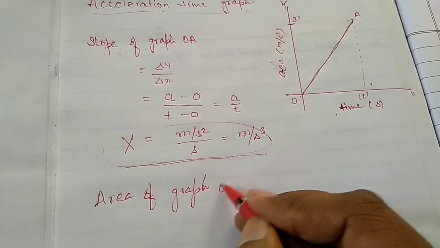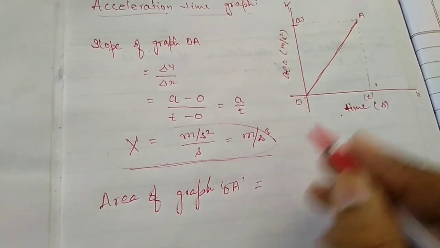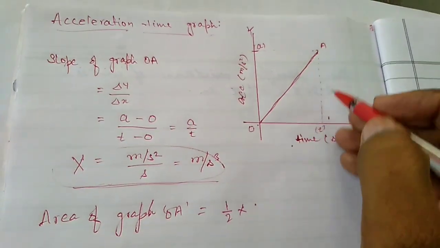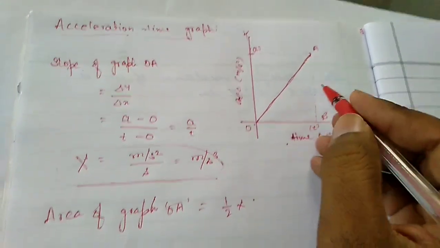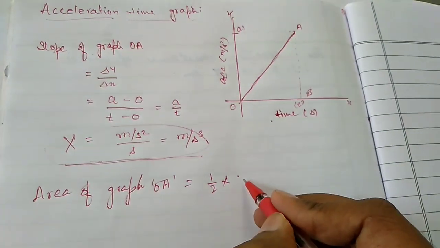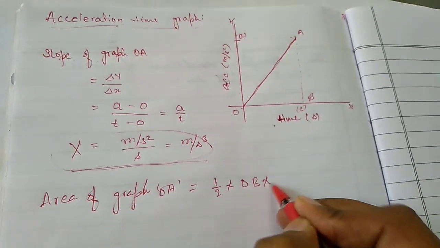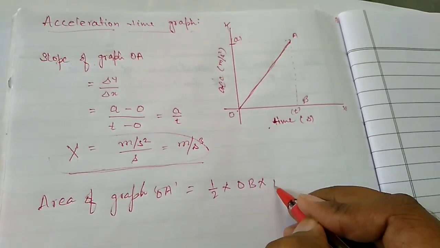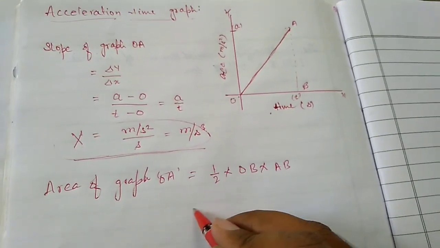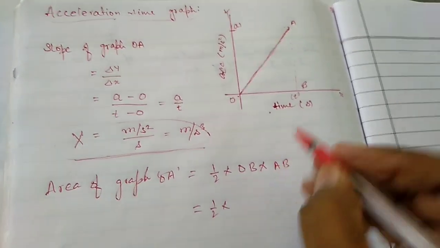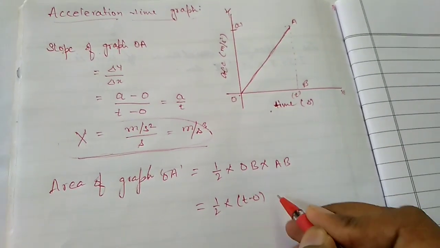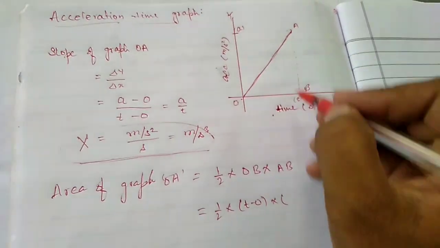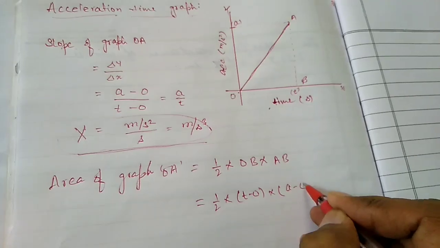And second, the area of graph OA is equal to, looking like a triangle, so just naming it with points. Suppose this is O, this A, let this be B, so half into OB into height AB. Fill in the values: half. What is OB? 0 to t, so t minus 0, into AB, the change in acceleration, that is A minus 0.